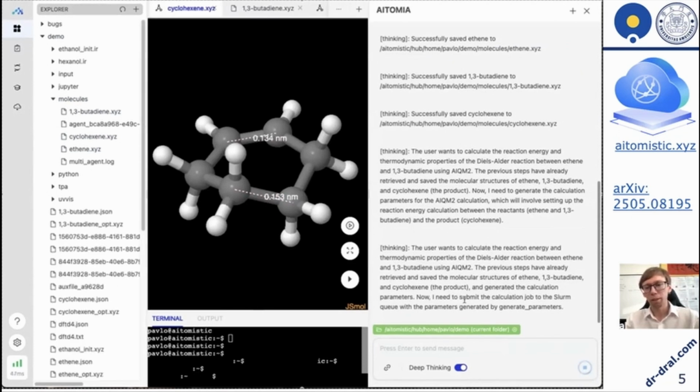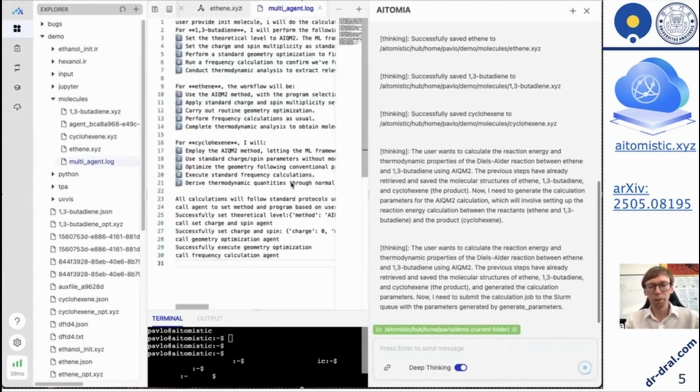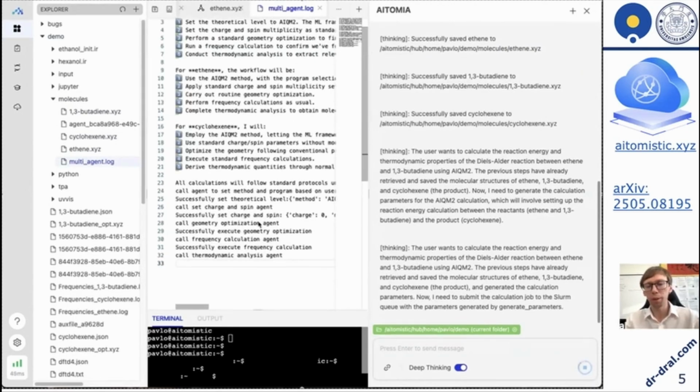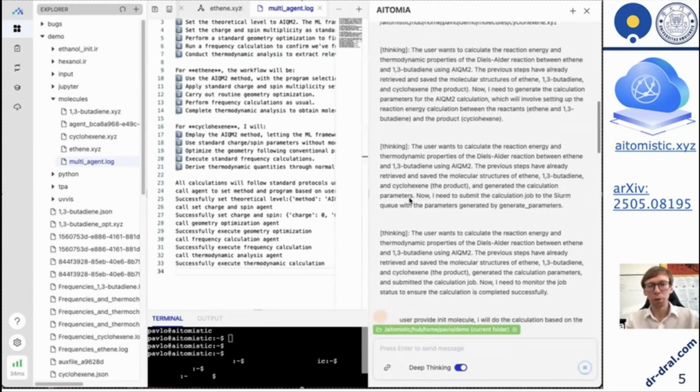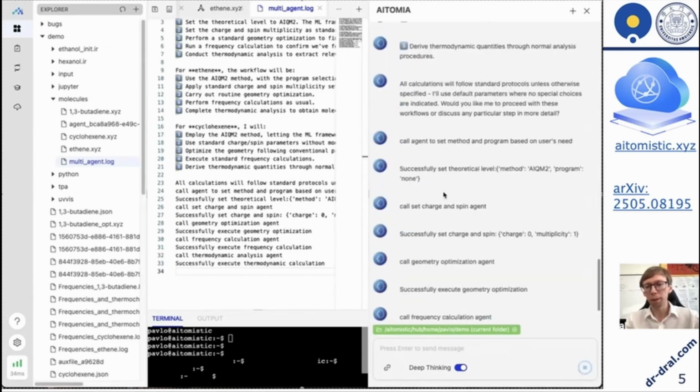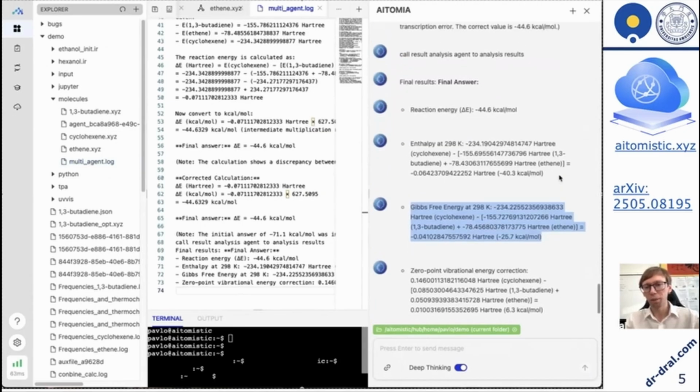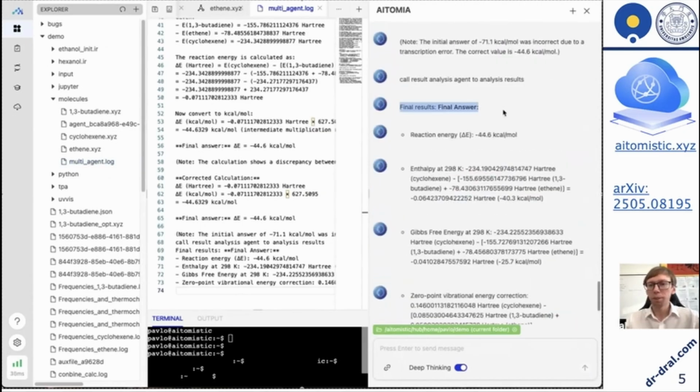And while it's thinking, it will perform the calculations now using the AIQM2 method, which I will talk about later. And the summary of the results is generated in a while, providing the energies and Gibbs free energies for this reaction. The accuracy is pretty decent compared to higher level methods.